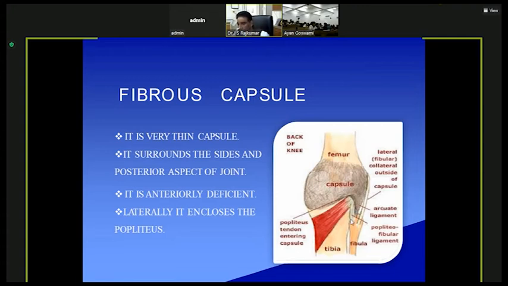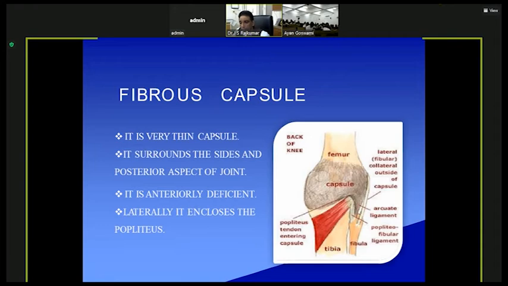There is one more ligament here called the popliteal ligament. This is actually from the extension of the origin of the popliteus muscle tendon itself. From there it comes towards the fibula. So it's the popliteofibular ligament, the arcuate ligament, an extension of the capsule, and the lateral fibular collateral ligament: three ligaments coming to the back of the head of the fibula.